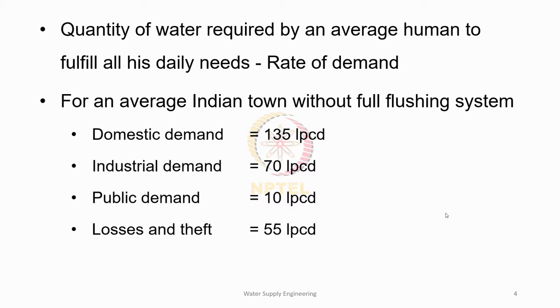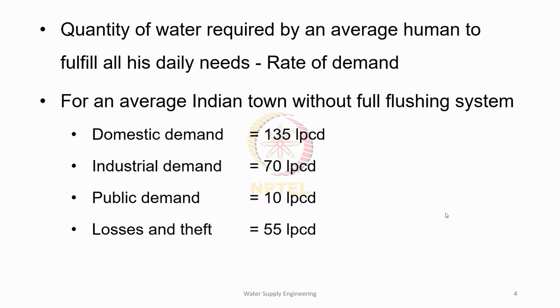We all know that at our consumer end, there will be one water meter. If that water meter is faulty, what will happen? It will not show the exact value of water used. And if we are not reporting to the authorities, it's a kind of theft because we are not letting the authorities know how much water we use.